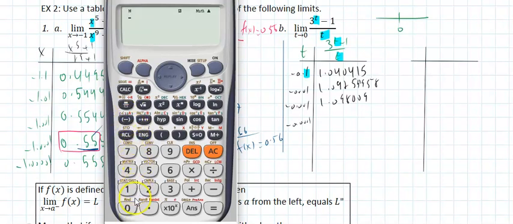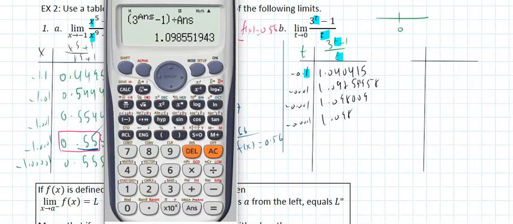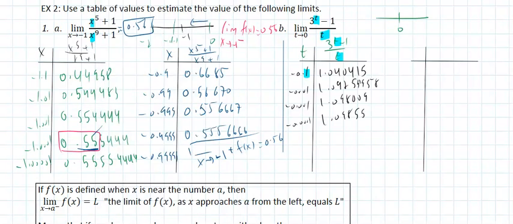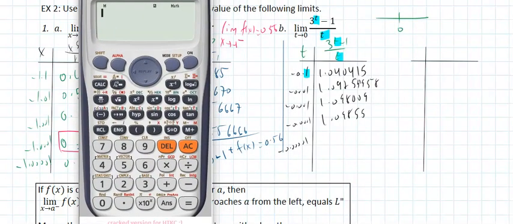Negative 0.123 and a 1. There we go. And if I figure that one out, 1.098, 55. I'm going to go one more. 4 zeros and a 1. Oh, it's reset. Again, I touch it with my stylus.